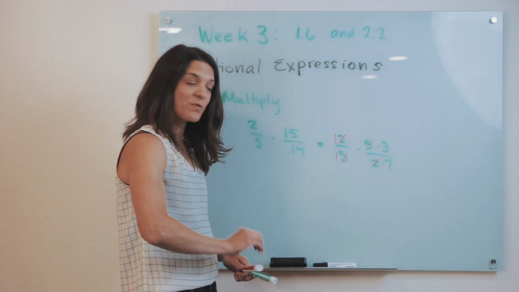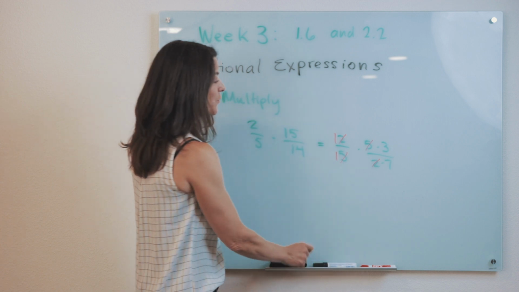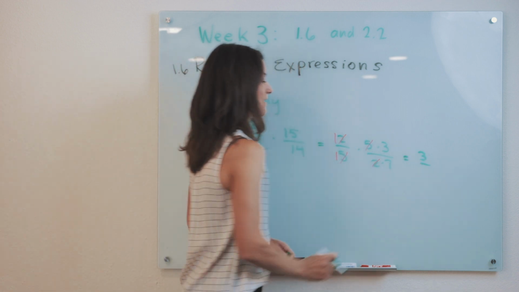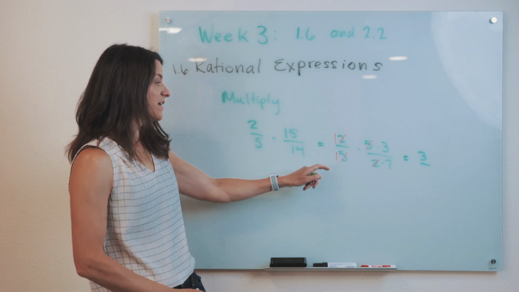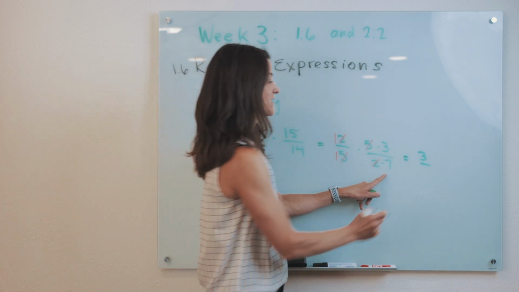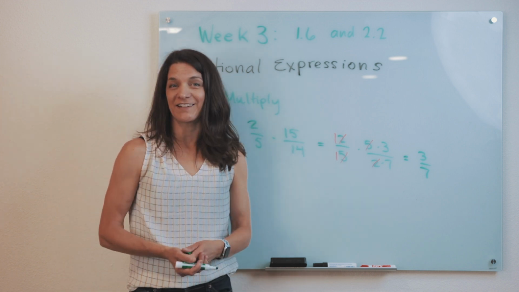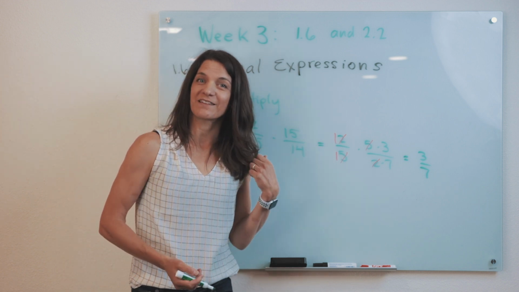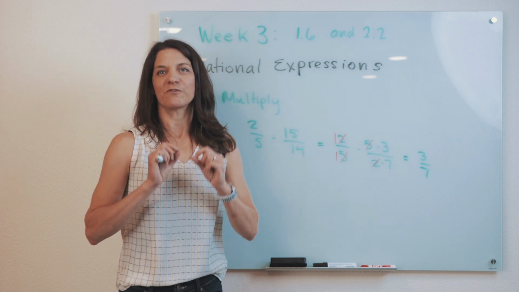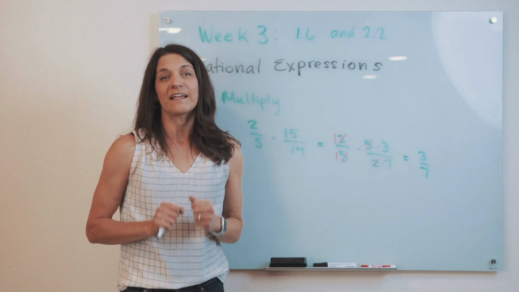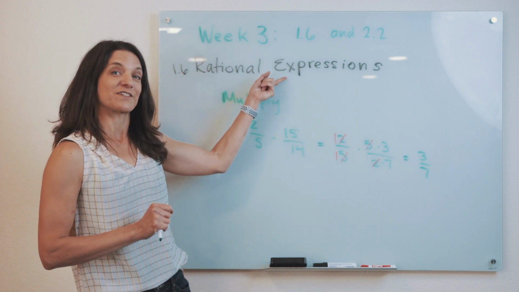Now, when we multiply across the numerator, we are multiplying 1 times 3 to get 3, and the denominator 1 times 7 to get 7. A much easier multiplication than we had to begin with. So simplifying before multiplying is always going to be helpful, especially when we're looking at rational expressions.